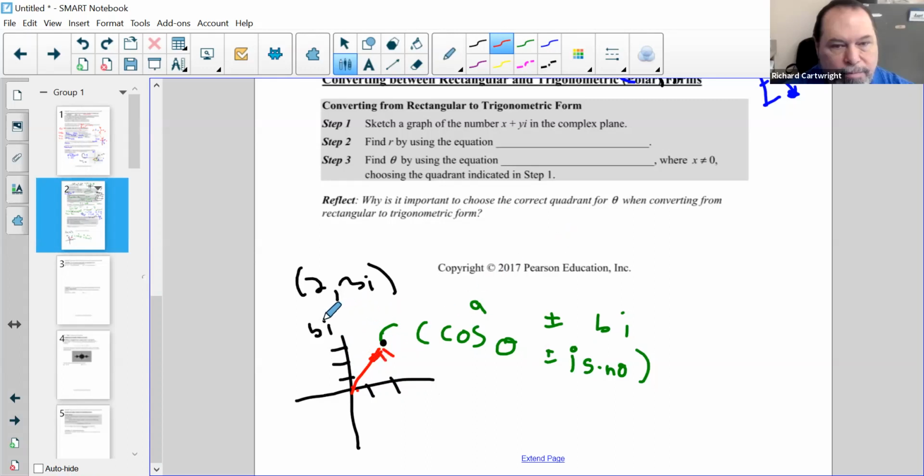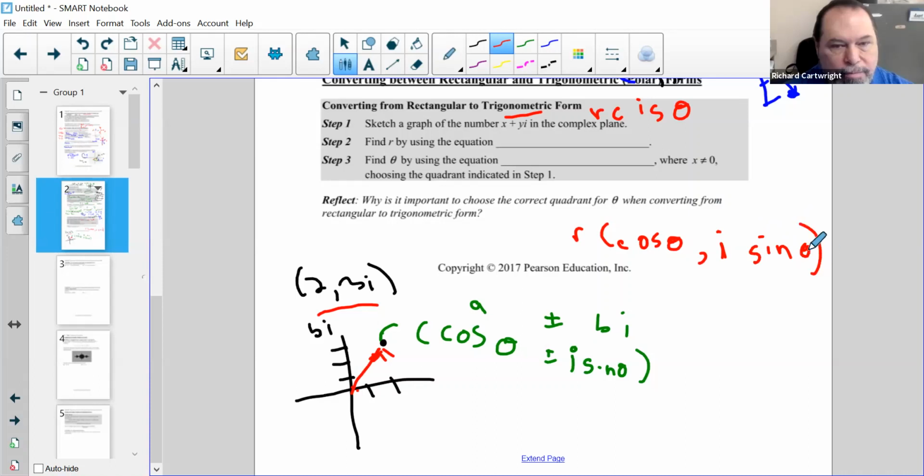So I want to convert this rectangular into trigonometric, which basically means cis. R cis theta. Or if you're a glutton, R cosine of theta, comma, i sine of theta.